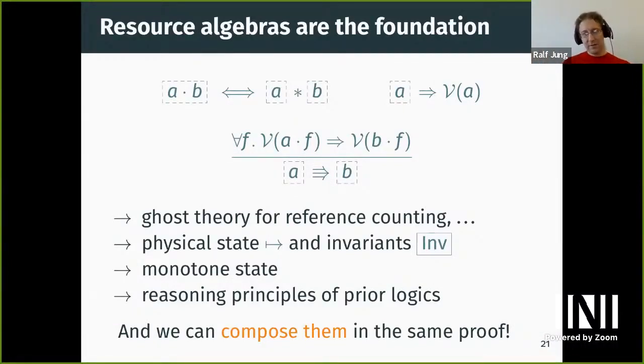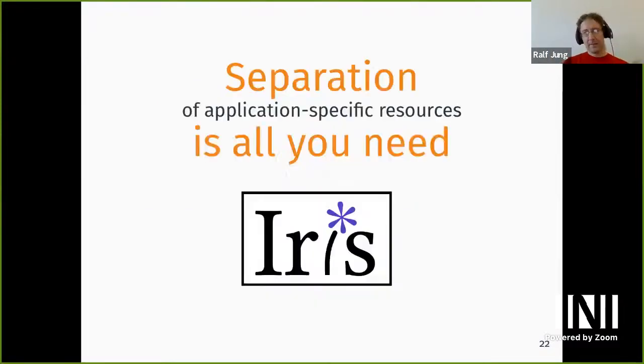So no matter which of these resource algebras one part of your proof uses, the other parts of the proof can use other resource algebras, and this will all compose nicely. So this is the sense in which separation of application-specific resources is all you need to do your proofs in Iris, and everything I've said here has been formally mechanized in the Coq proof assistant.